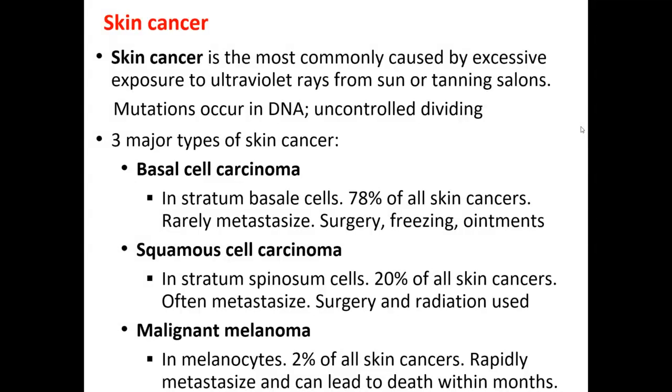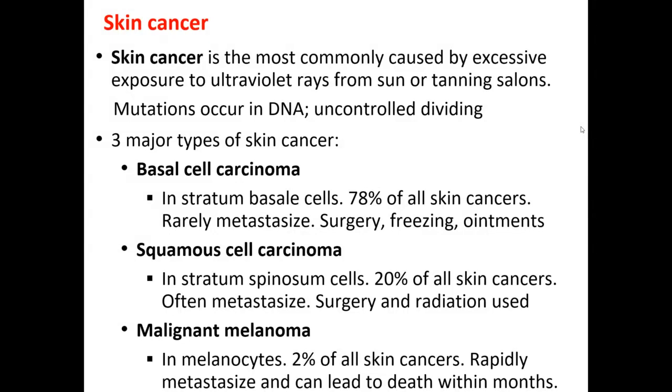So three types shown here: basal cell carcinoma. So it's called that because it's in the stratum basale cells at the bottom. And those are the cells that are dividing all the time to make new skin cells. So they're the most common, 78% of skin cancers, but they are the least dangerous. It says they rarely metastasize.